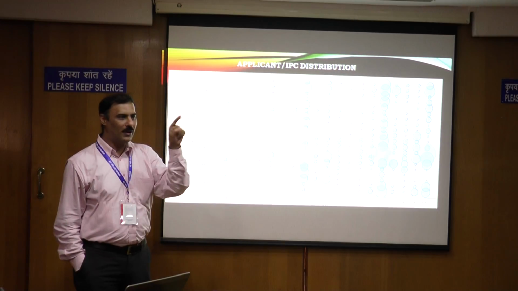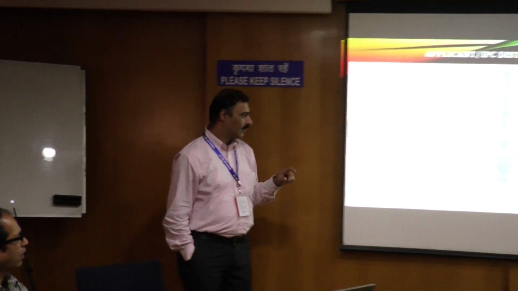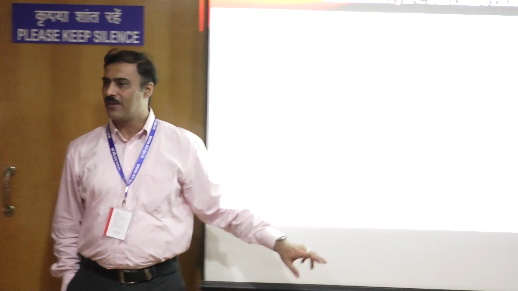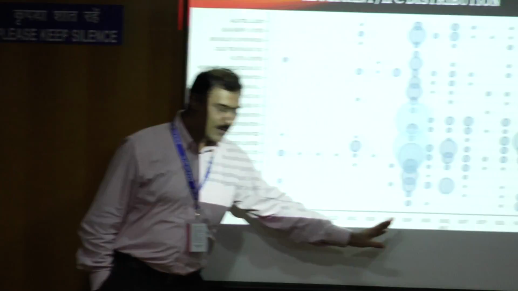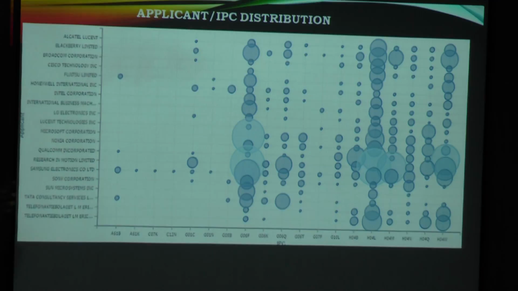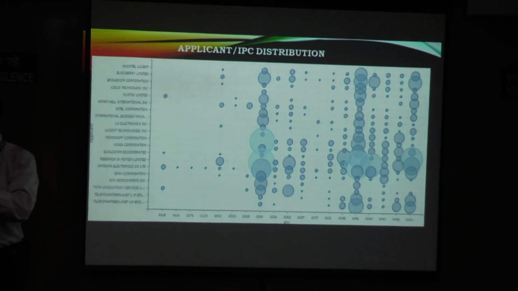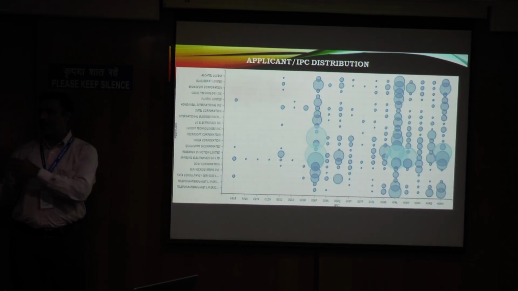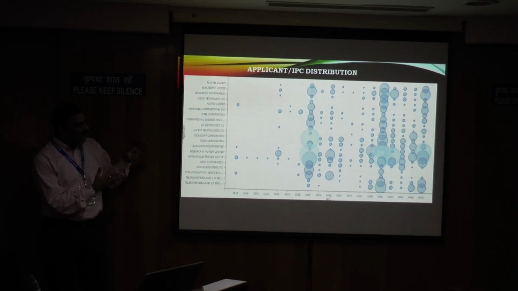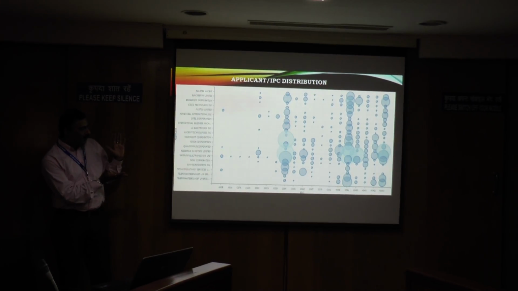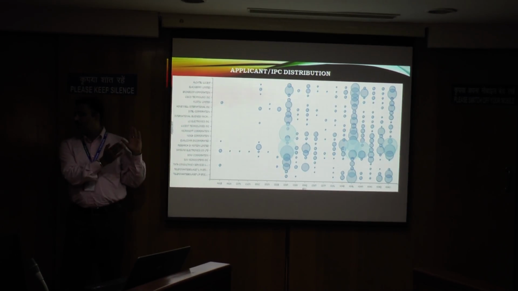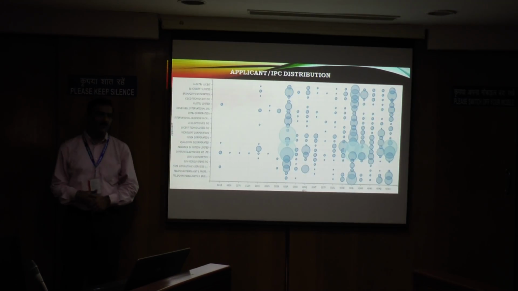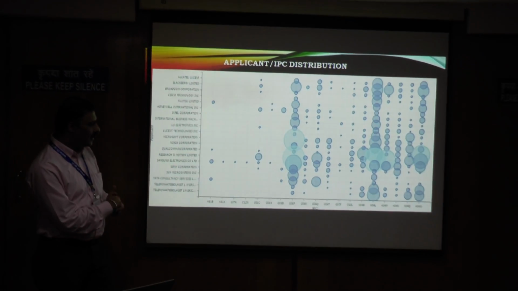So the size of the bubble represents the number of documents. For example, this one, Research In Motion, has a big bubble, so it has a lot of patents in that particular subclass, in that particular area. Subclasses are nothing but the lower levels, for example under security, and I can find from this visual which is the class of interest to us, then take those patents and do an in-depth study of that particular area. So that is another way I can do it.